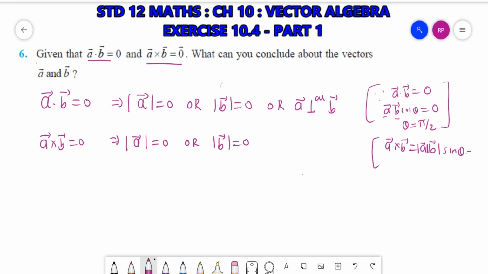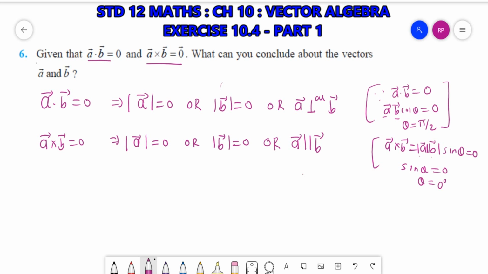And if this is equal to 0, and the magnitude of A or B is not 0, that means sine theta will be equal to 0, and in that case theta is equal to 0 degrees, because sine is 0 at 0. Now if the angle between two vectors is 0, that means both are either the same or parallel vectors. So A cross B equal to 0 again has three possibilities: either the magnitude of vector A is 0, or the magnitude of vector B is 0, or both are parallel.